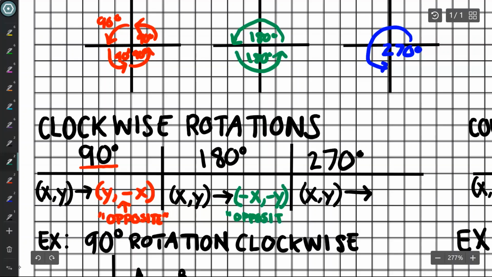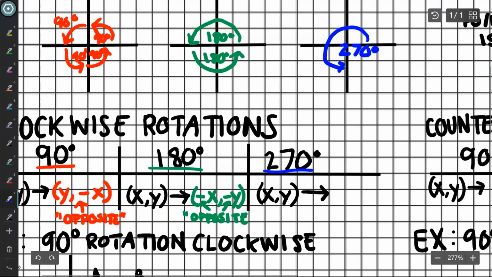Draw my arrows. All right, and lastly we have our 270-degree rotation. So I'm going to go from x, y to negative y, x, where this negative means opposite.